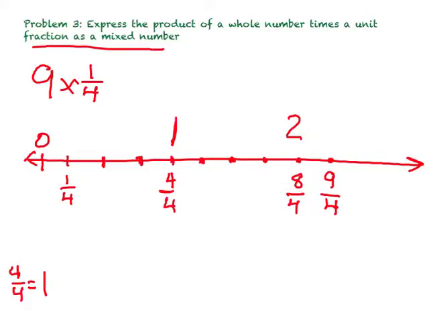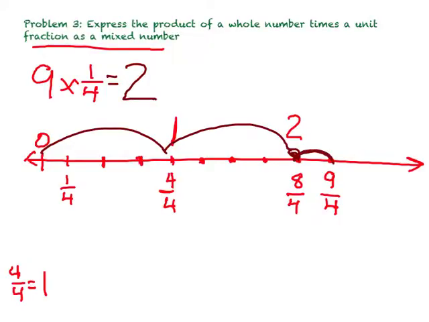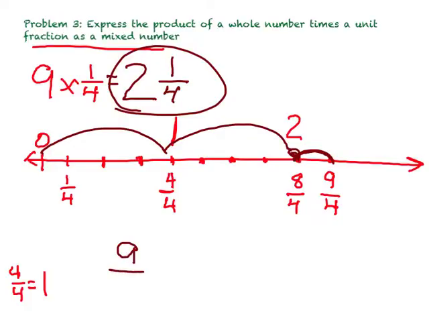So we know that this is 1, this is 2. So right now, we have a whole number of 2. And then we have one more fourth left over here. So we can show that 9/4 equals 2 1/4.